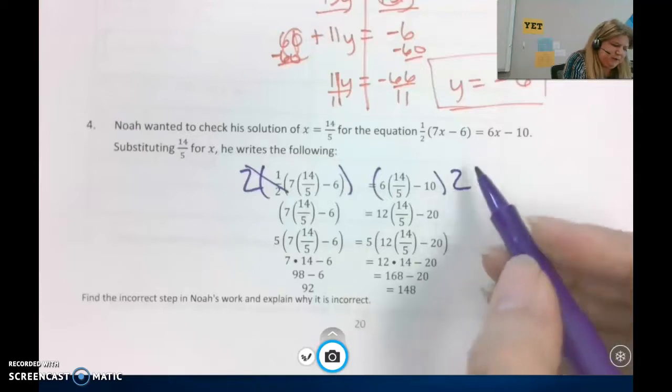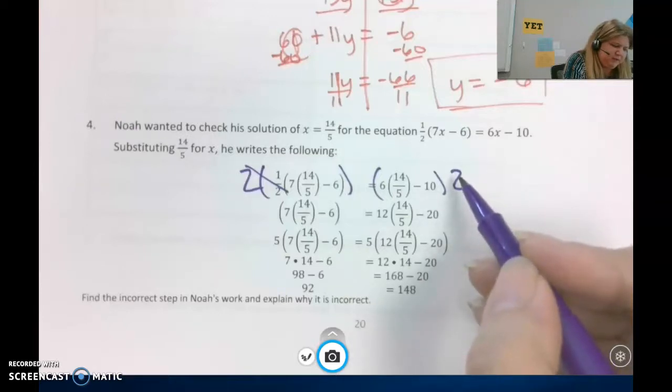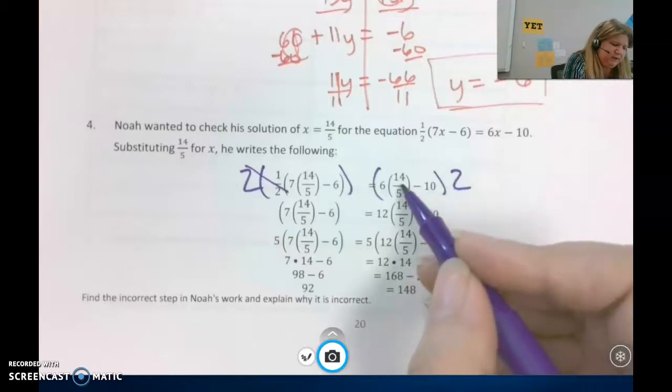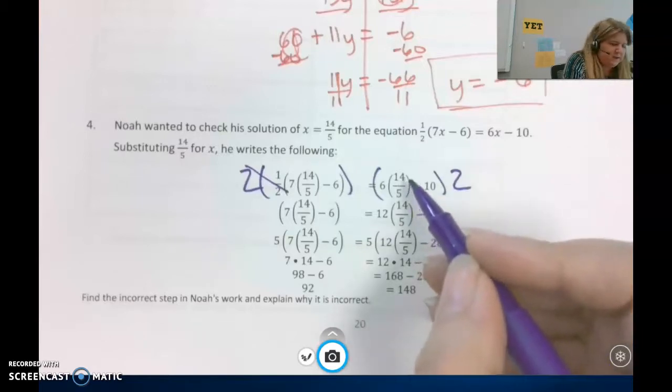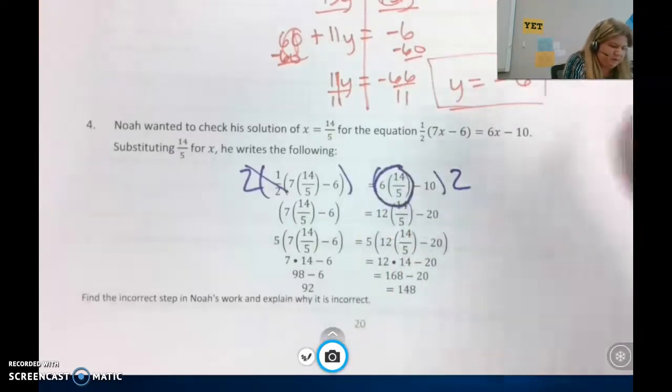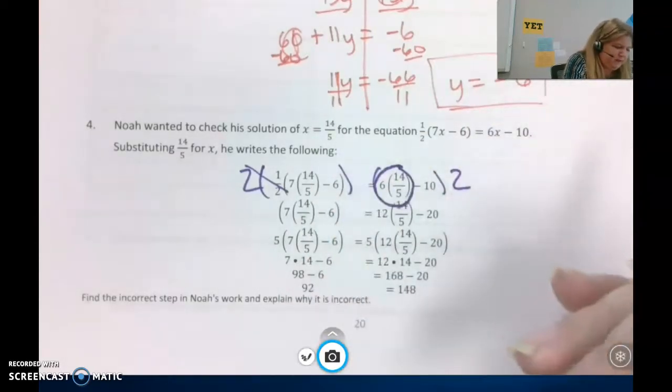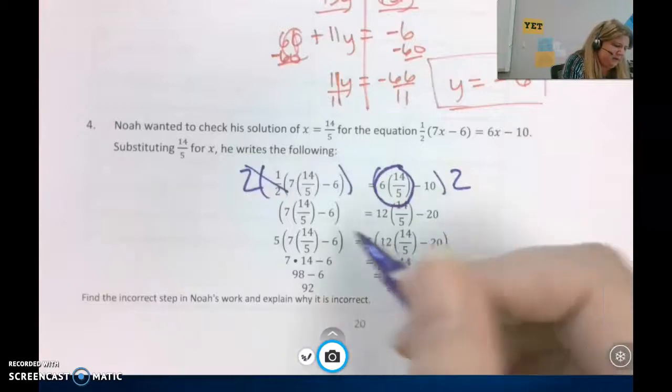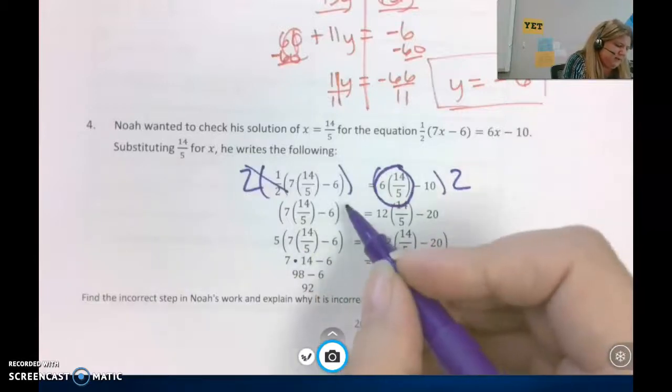So you have to ask yourself, should he have multiplied here? But since this is one term, that's multiplication, no, that's not the issue. So what did he do next? Then he's going to multiply by 5 on each side.